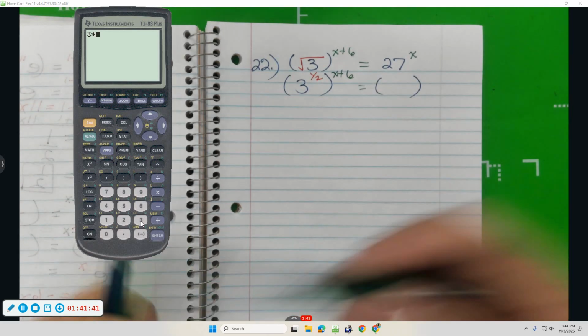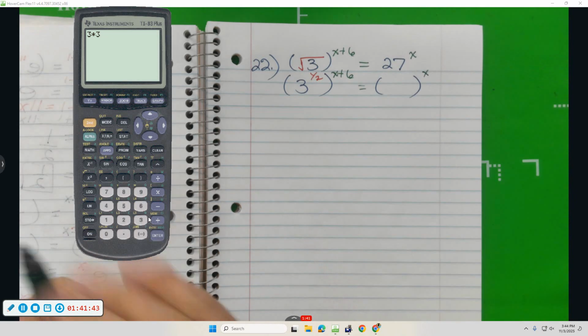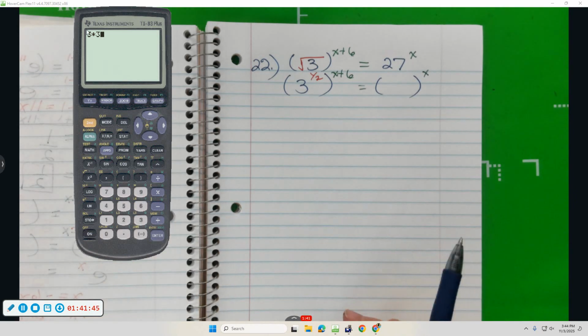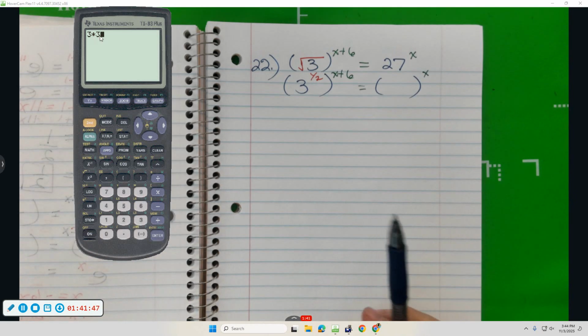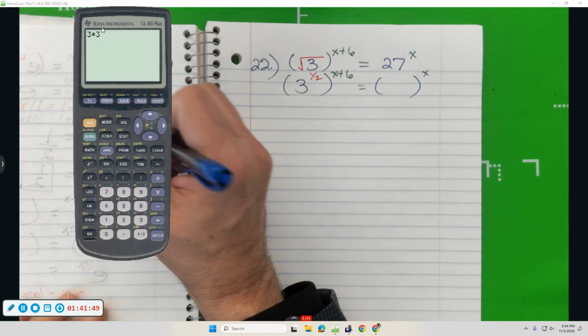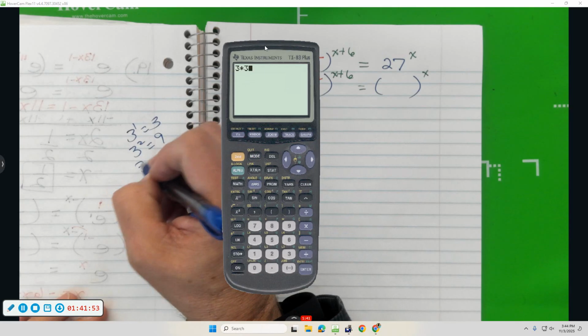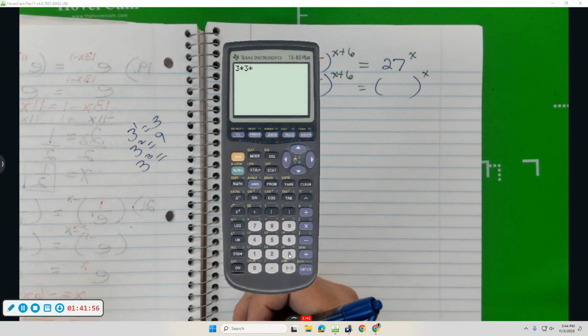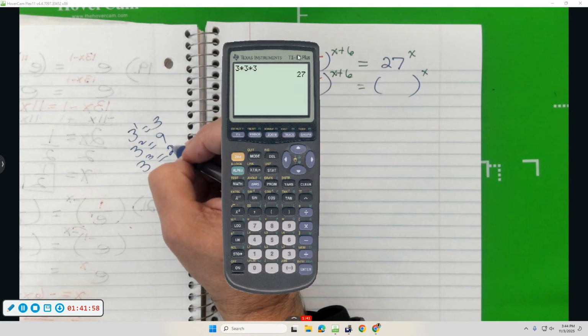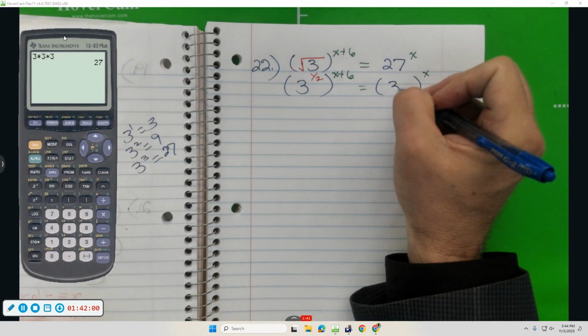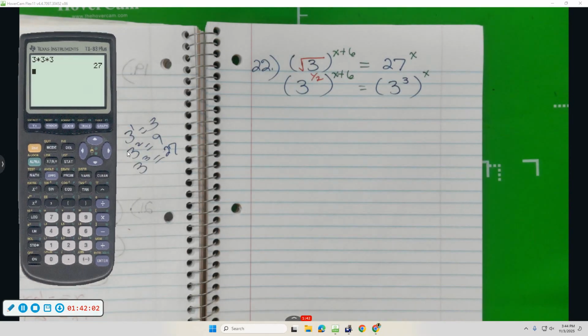We have to be able to do that or else this method fails. 3 to the first is 3. 3 squared is 9. 3 cubed is 27. We now have powers raised to powers. What are we going to do?